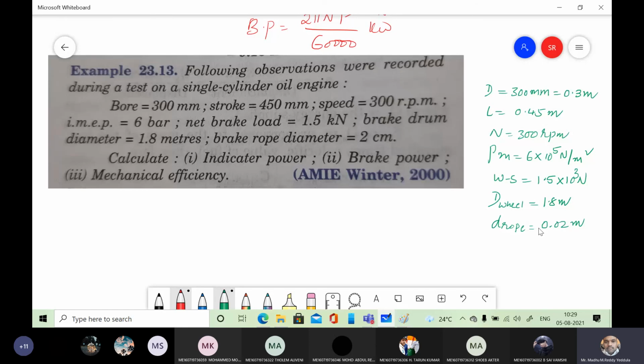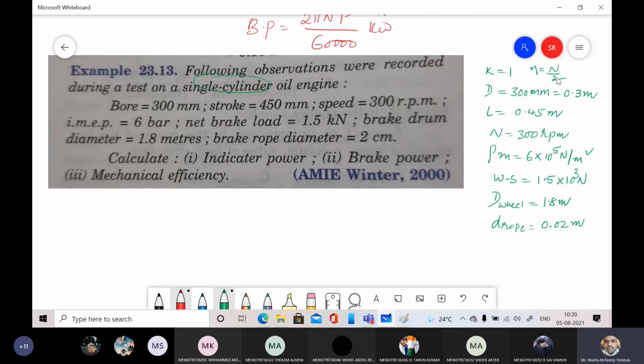Calculate IP, BP and mechanical efficiency. It is given that it is a single cylinder, so K is equal to 1. Did he mention 2-stroke or 4-stroke? He did not. If we don't specify either, by default we have to consider a 4-stroke engine only.